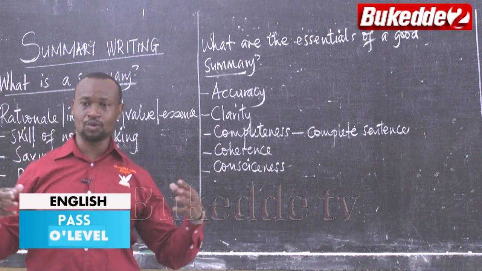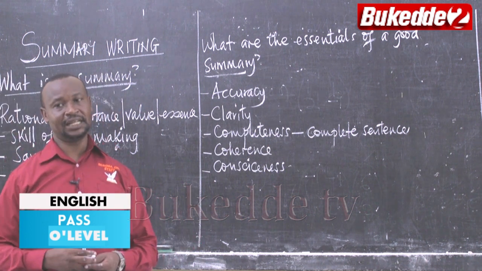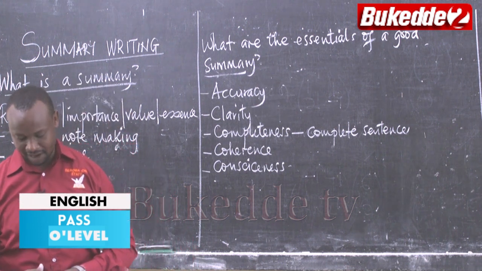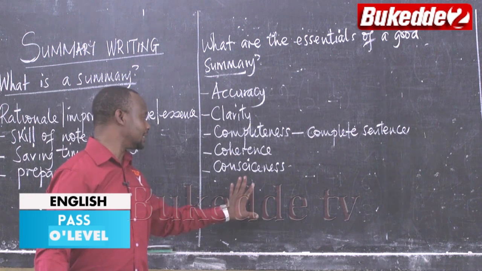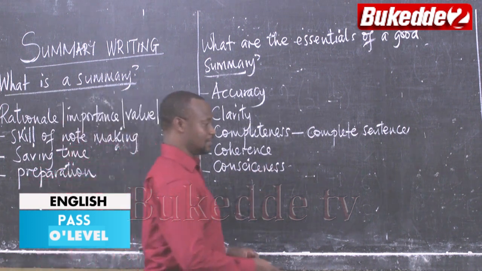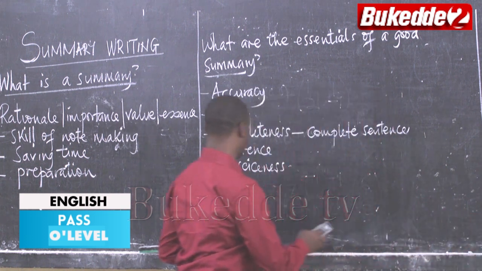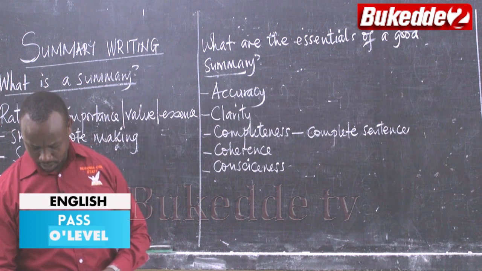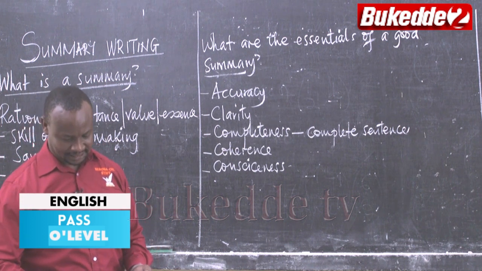Because if you write too much, definitely you are going to lose marks. The examiner will not mark everything that you have written. Therefore, you should write material that is within the word limit.